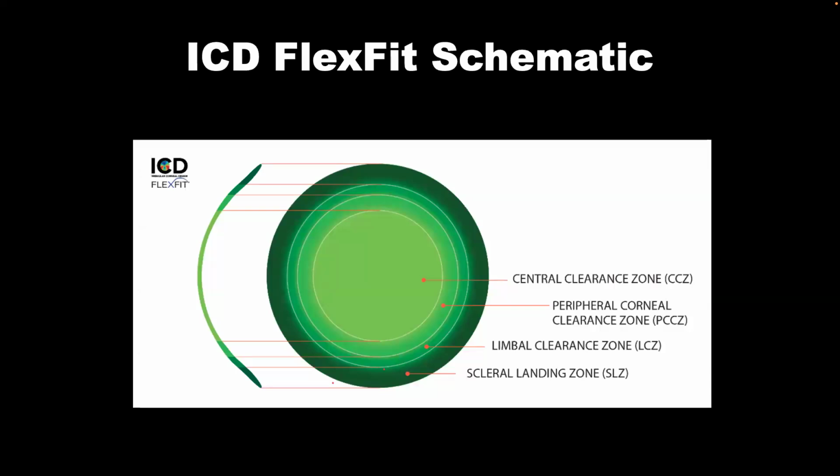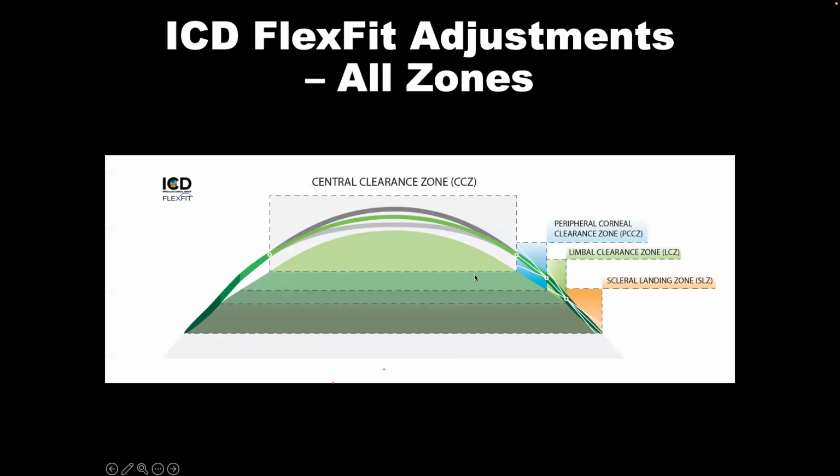So what's the schematic of the ICD Flex Fit? It has four peripheral curves and the optic zone. So you have the center zone here, the mid periphery, the limbus, and the scleral landing zone. You can see all these lines, and the green line going in the middle here.